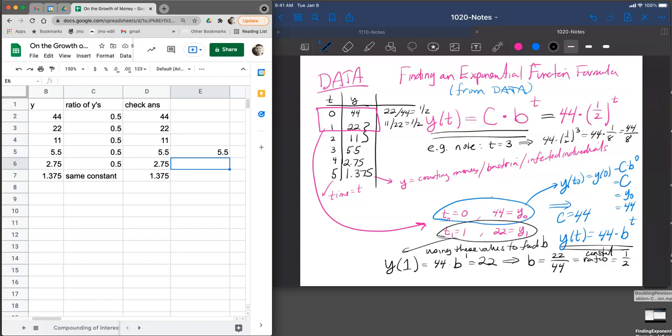So this formula is the exponential function that we were looking for, the one that best fits this data. And not only is it a best fit, this formula is an exact fit because the ratio of consecutive values was a constant. So ends this video.